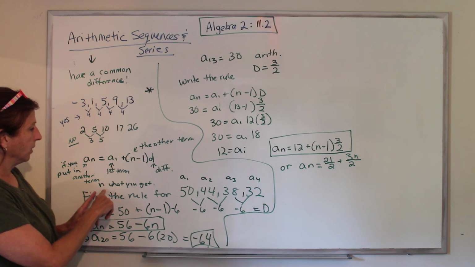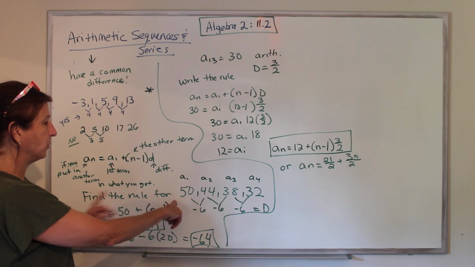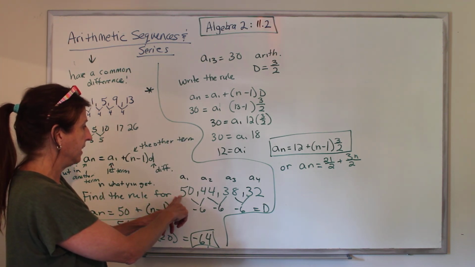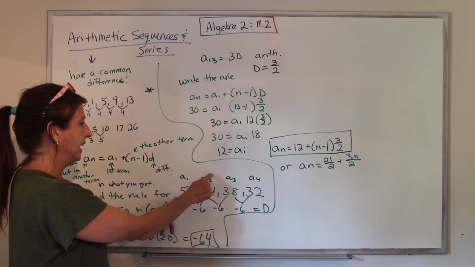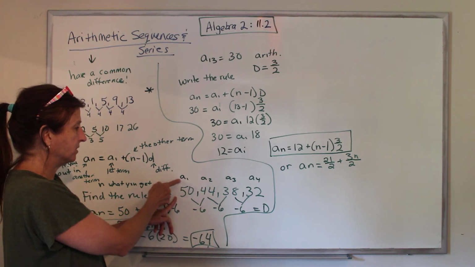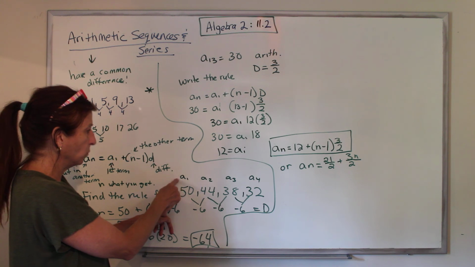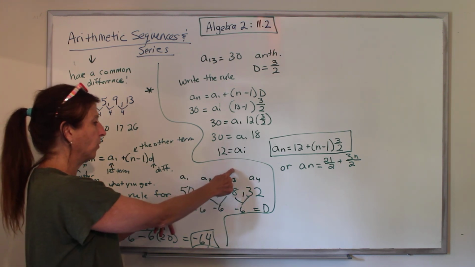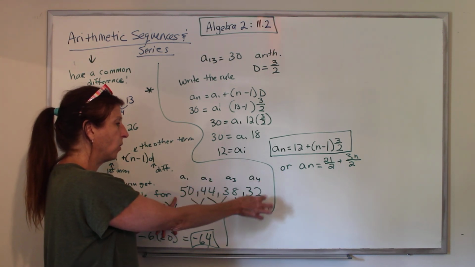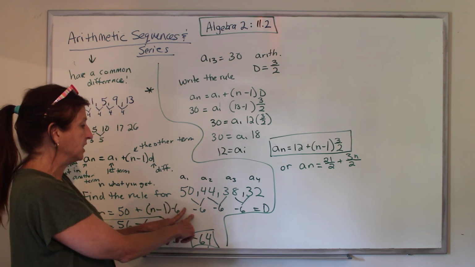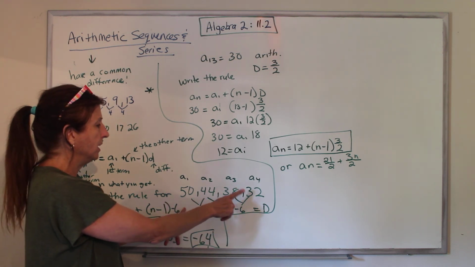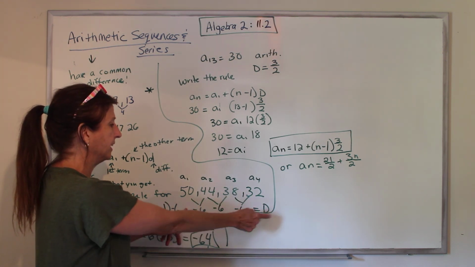We want to find the rule for this series. A1 is 50, A2 is 44, A3 is 38, A4 is 32. If we check to see if they're arithmetic and subtract each of these, you get -6.